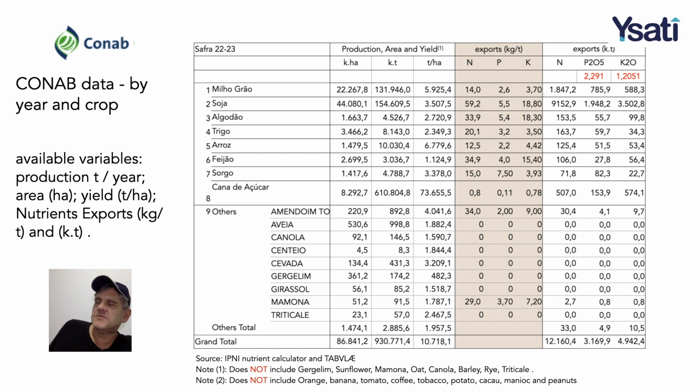Nitrogen is a very specific case in terms of soybeans, and I will comment on this a little bit later. So when we see that, we can see the amount of nitrogen and phosphorus exported and potassium exported.